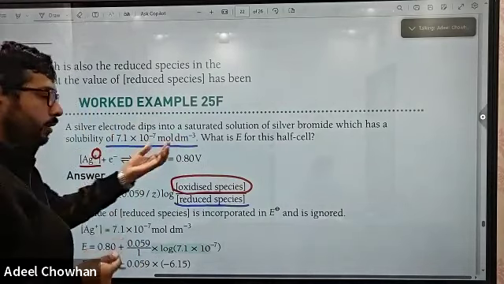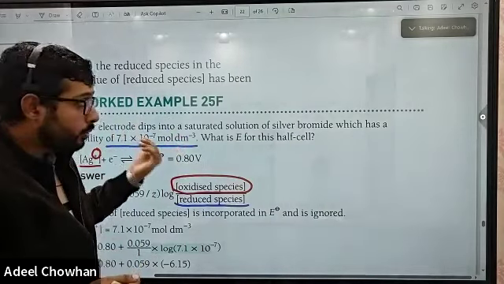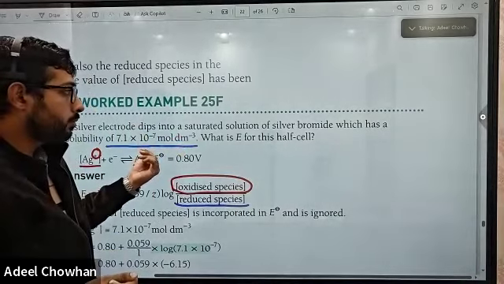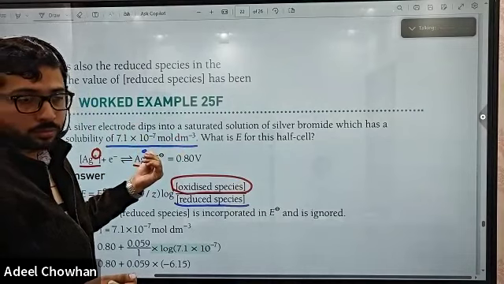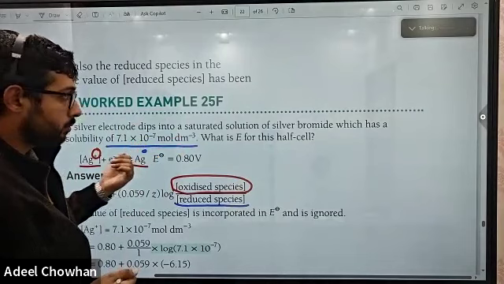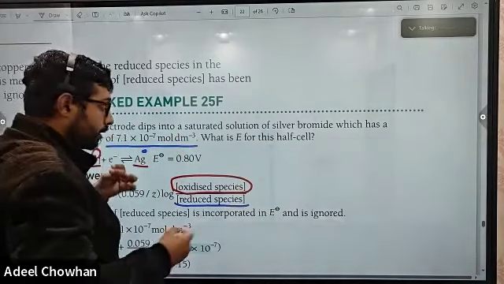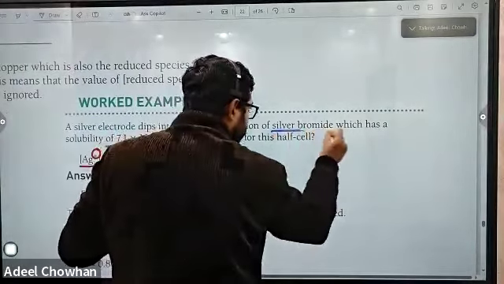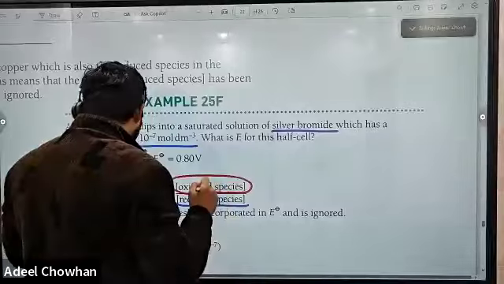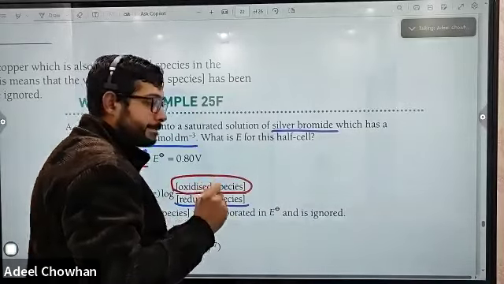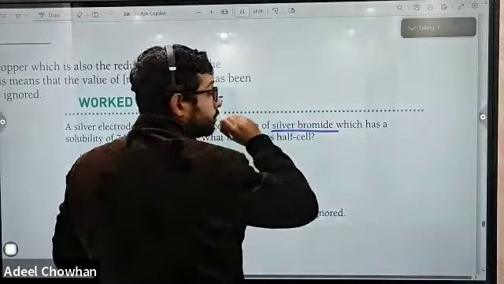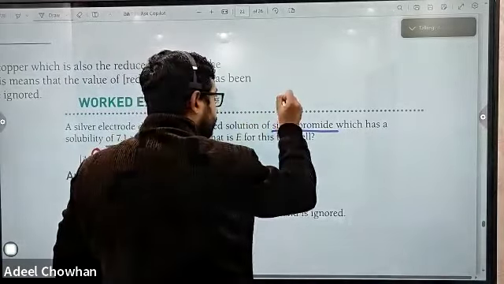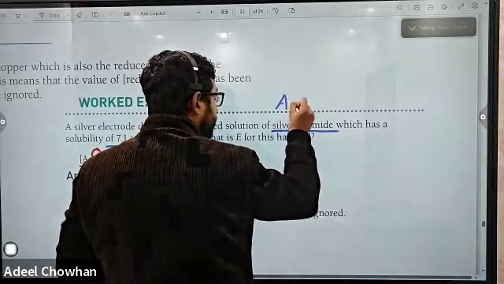Now this is the value of concentration, but whose value is it? That's the value of silver bromide. And what's the formula of silver bromide? It's AgBr.